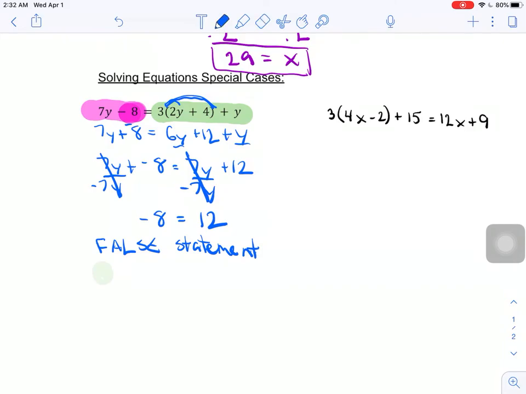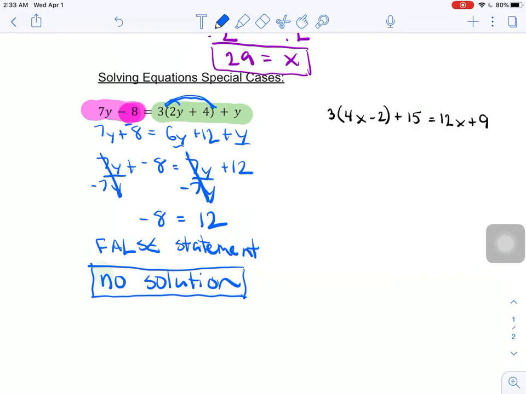So what you would write down as your final answer is no solution. Now, if this happens to you, you do need to have that written down on your paper to show that you understand that this false statement means there is no answer to the equation.